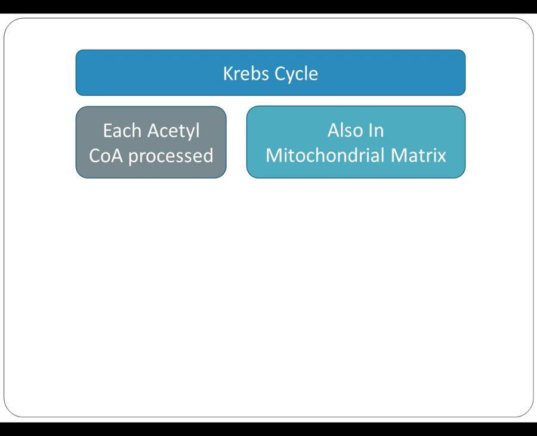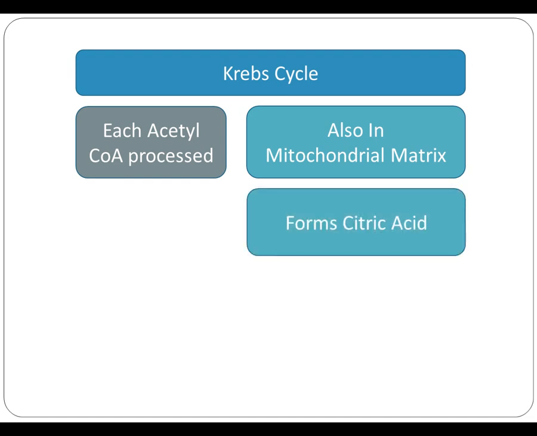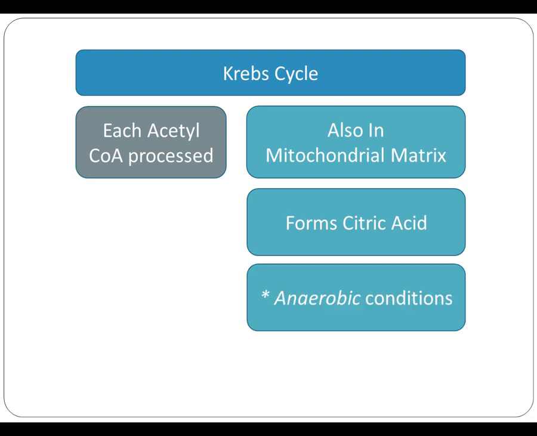What this does is it processes the acetyl-CoA and then produces something called citric acid, and that's why there's that alternative name for this pathway, the citric acid cycle. This reaction is also strictly anaerobic, so it does not use oxygen directly.